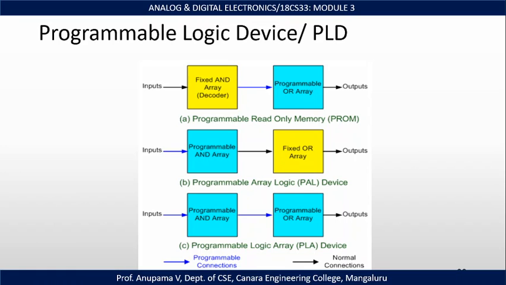A PLA device has a programmable AND array as well as a programmable OR array. In general, in this diagram, the yellow color block indicates the fixed array and the blue color block indicates the programmable array. In the previous session, I have discussed how to program a read-only memory.